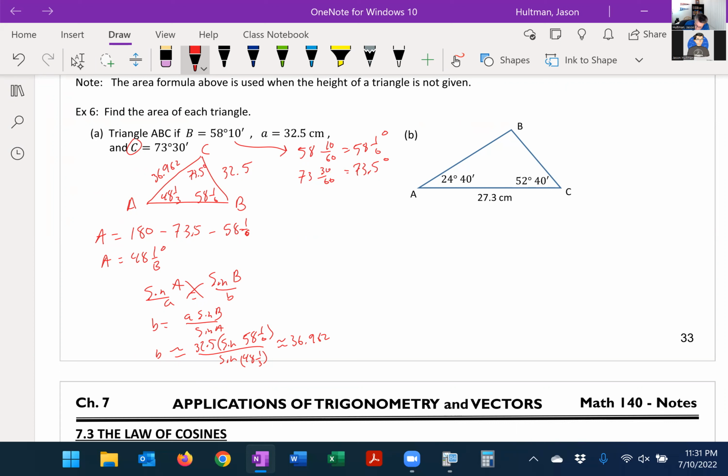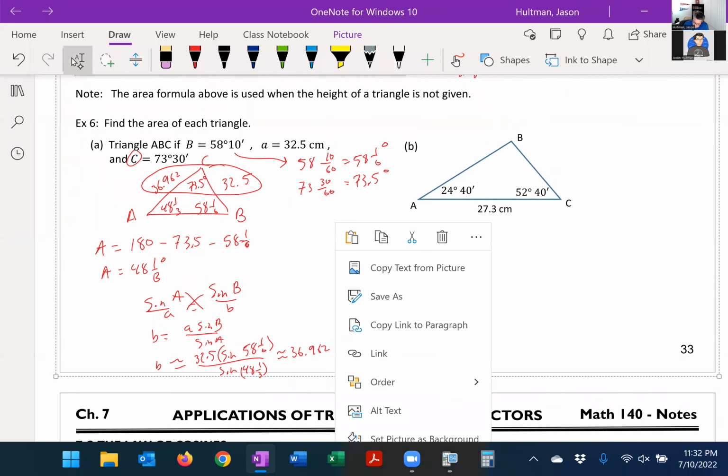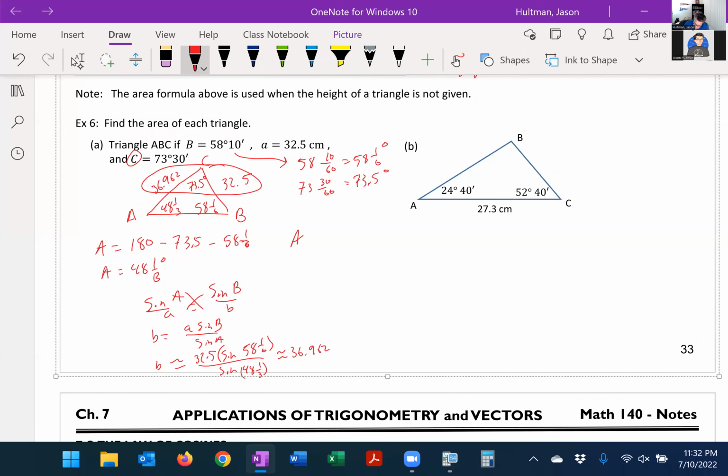So I'm going to use the values that you see here, little b, little a, and the angle C. So the area of the triangle is equal to 1/2 the two sides multiplied together, 36.962 times 32.5, times the sine of the included angle, so the sine of 73.5.